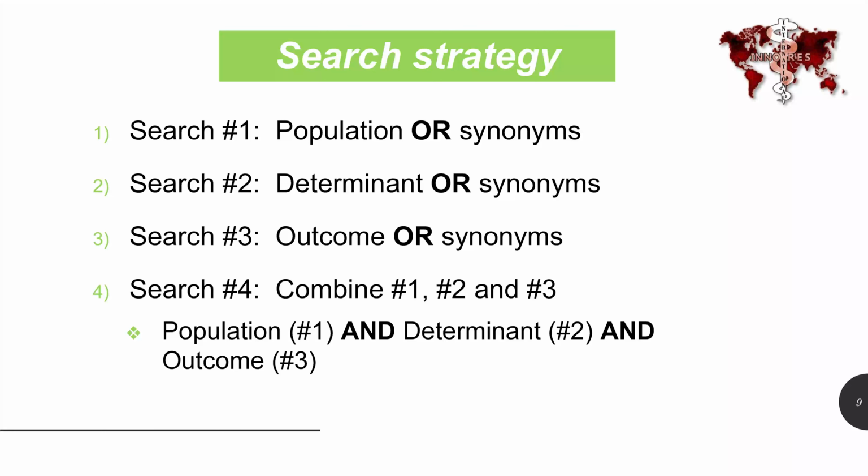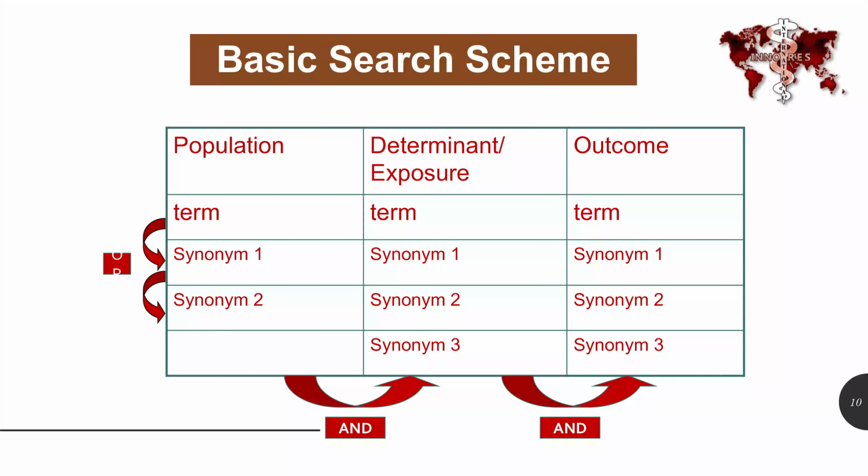Let's go ahead and see the example for it. Okay, so we begin with the basic search scheme. As we said, our question would have three components, so we will be forming a 3 by X matrix. In the first column, we would have the population term and its synonyms, which we will combine with the Boolean operator OR.